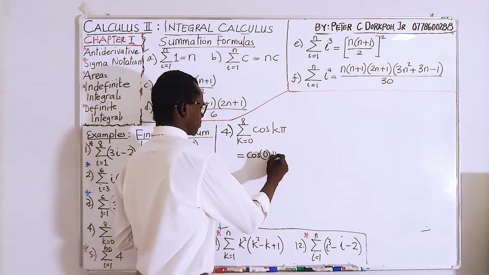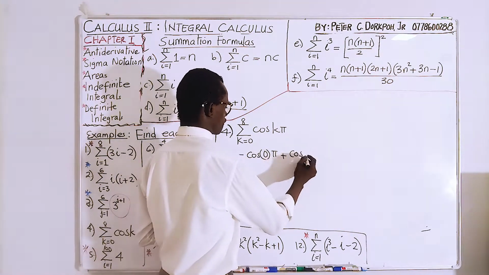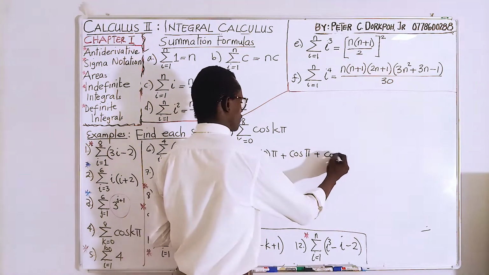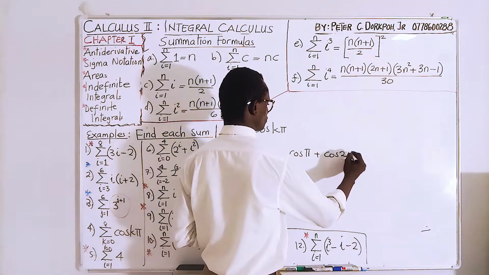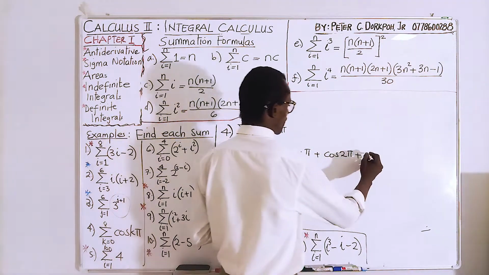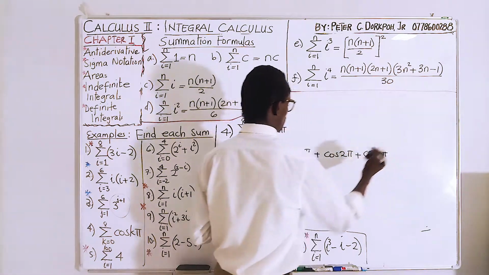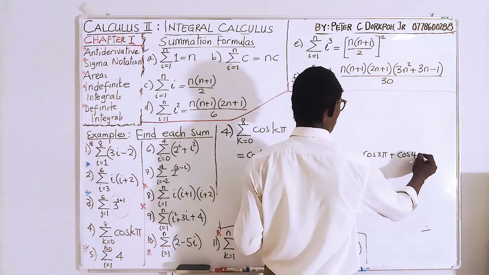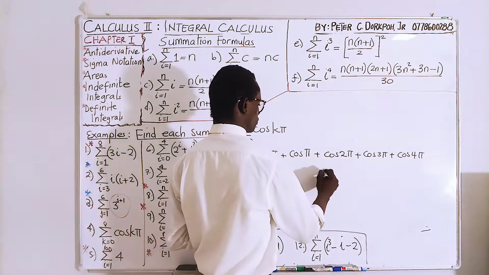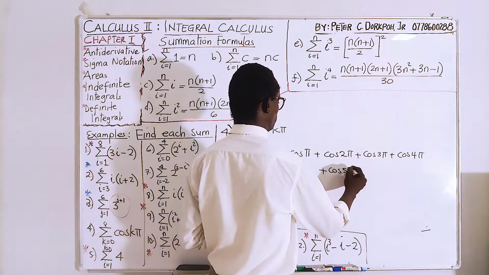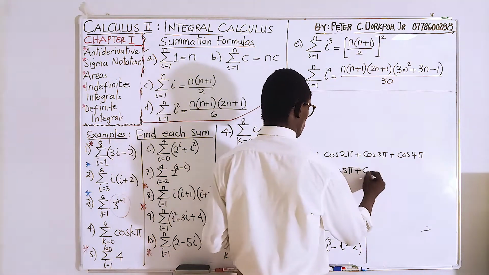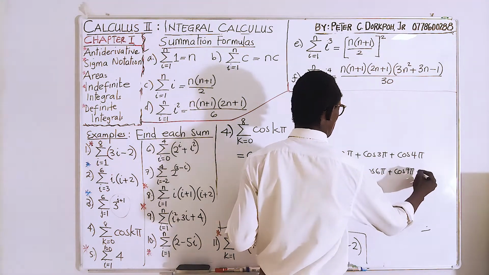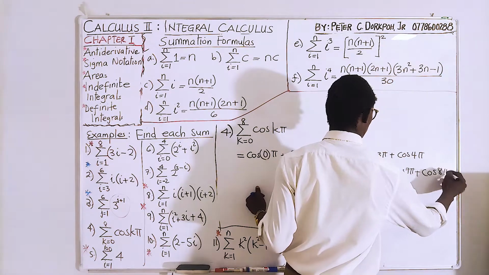So it's cos of 0π, plus cos of, from 0 we go to 1π, plus cos of, from there we go to 2π, from there we go to 3π, cos of 3π, from there we also go to 4π, plus cos of 4π, from there we go to 5π, plus cos of 5π, from there 6π, cos of 6π, cos of 7π, and cos of 8π.